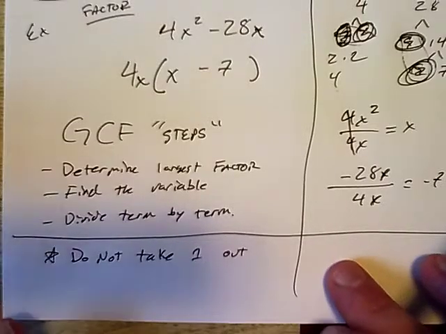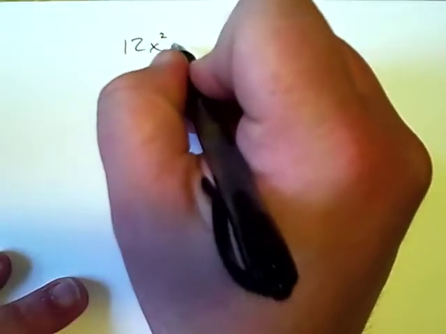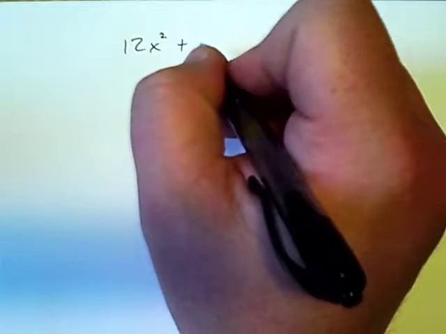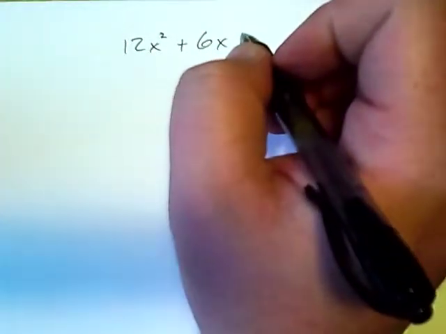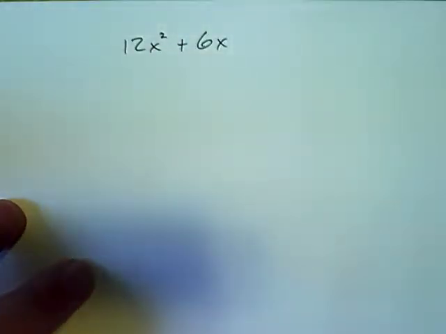All right, let's do a couple of examples here to hopefully get this solidified. Let's take a look at 12x squared plus 6x.